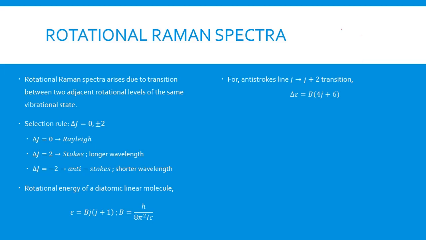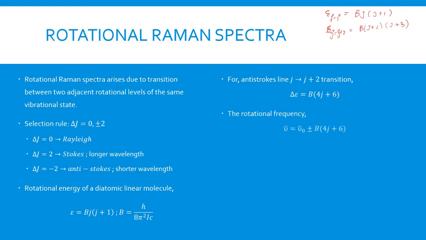The energy for J is BJ(J plus 1), while the energy for J plus 2 will be B(J plus 2)(J plus 3). So when we subtract the energy for J from the energy for J plus 2, you will get delta E is equal to B(4J plus 6).